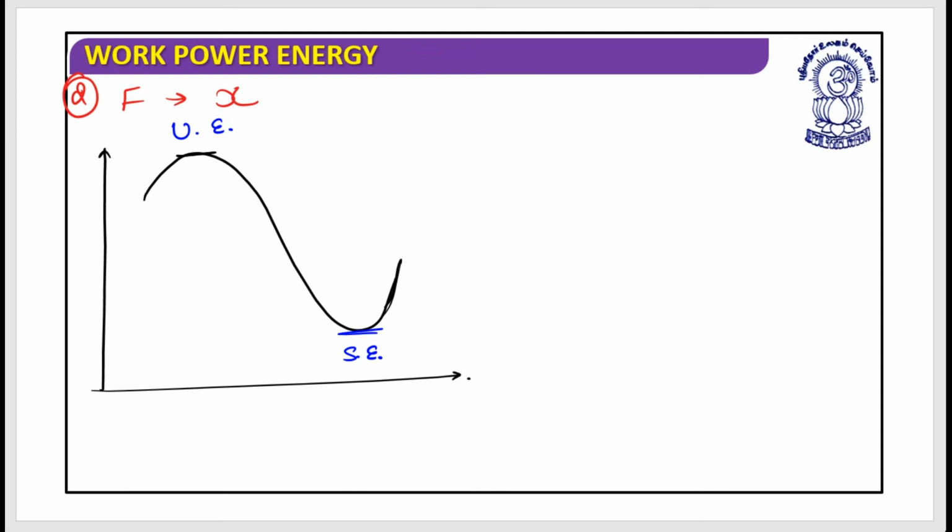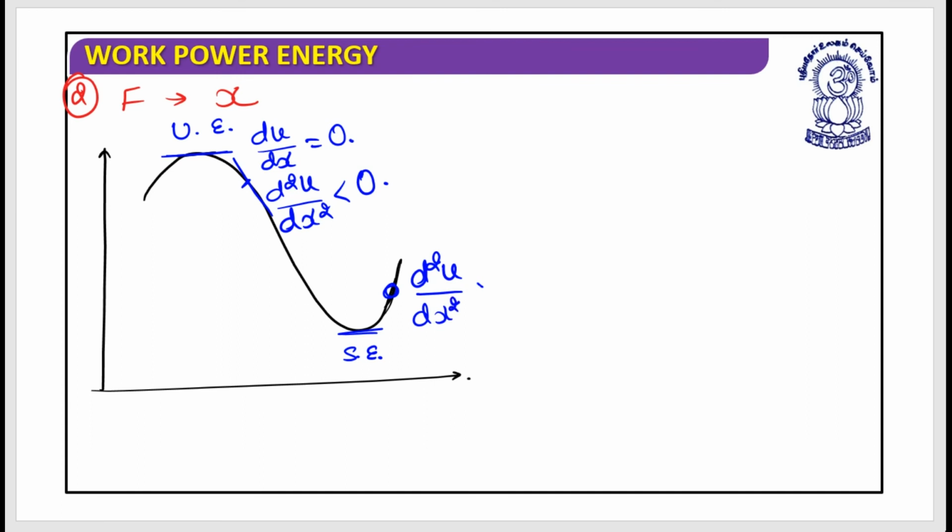If I take this position, I must understand that du by dx equals 0 over here, and d square u by dx square would be less than 0. And if I take the second differentiation at this point, d square u by dx square is greater than 0.